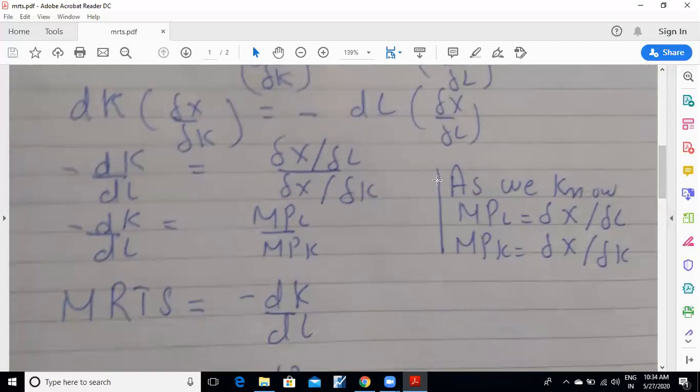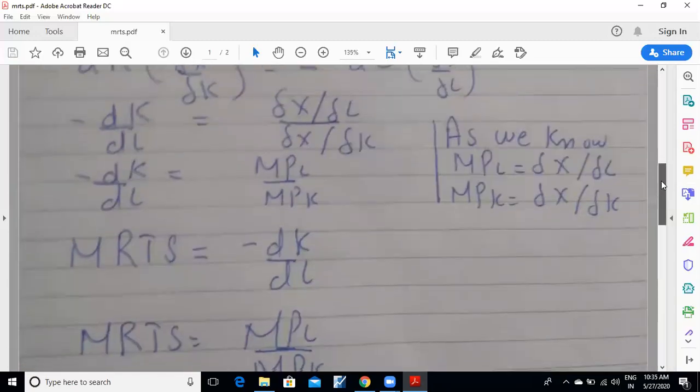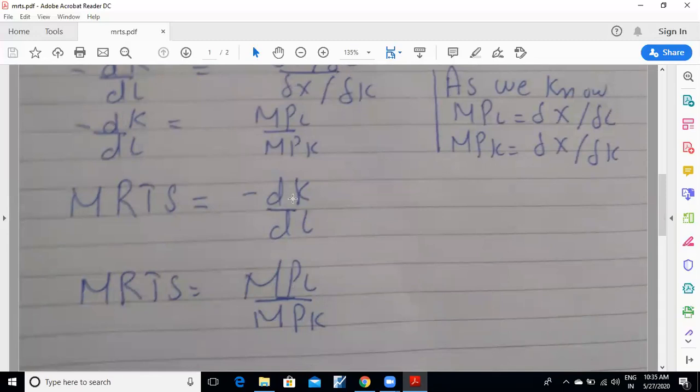And we know that at the start we said partial X over partial L is equal to MPL, and partial X over partial K is equal to MPK. So it becomes minus dK over dL is equal to MPL over MPK. The marginal rate of technical substitution is equal to minus dK over dL.